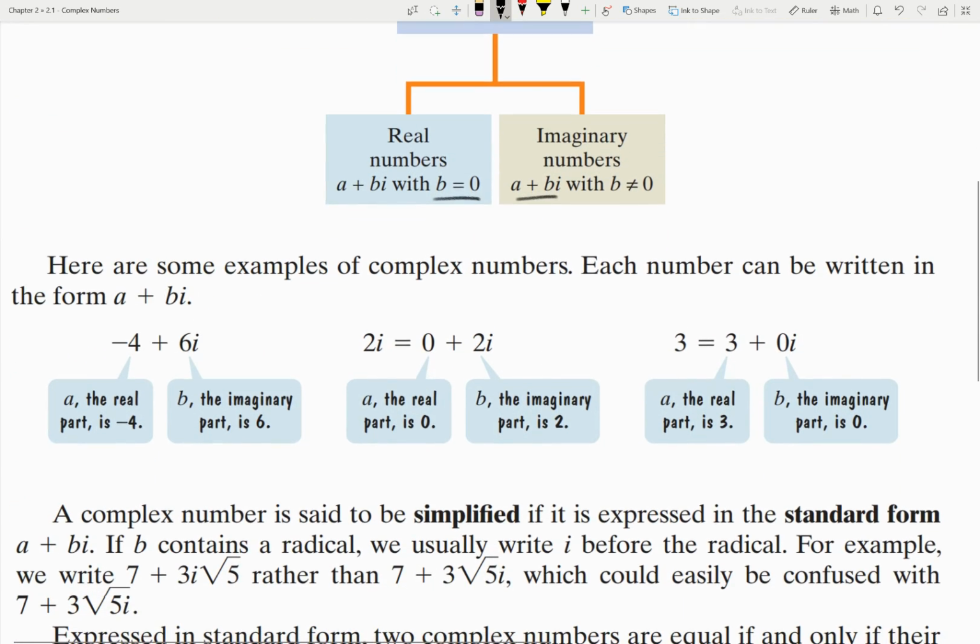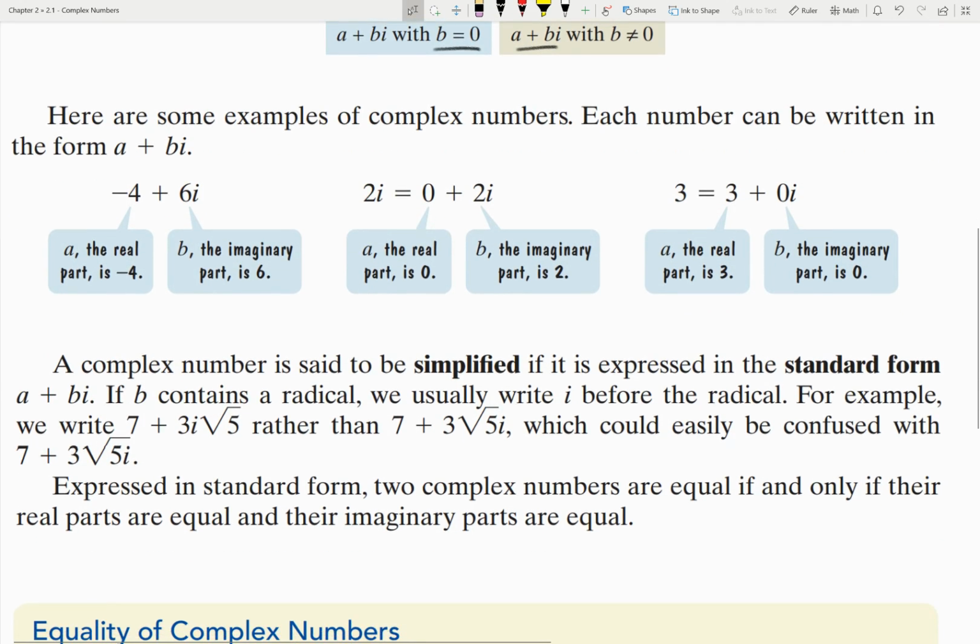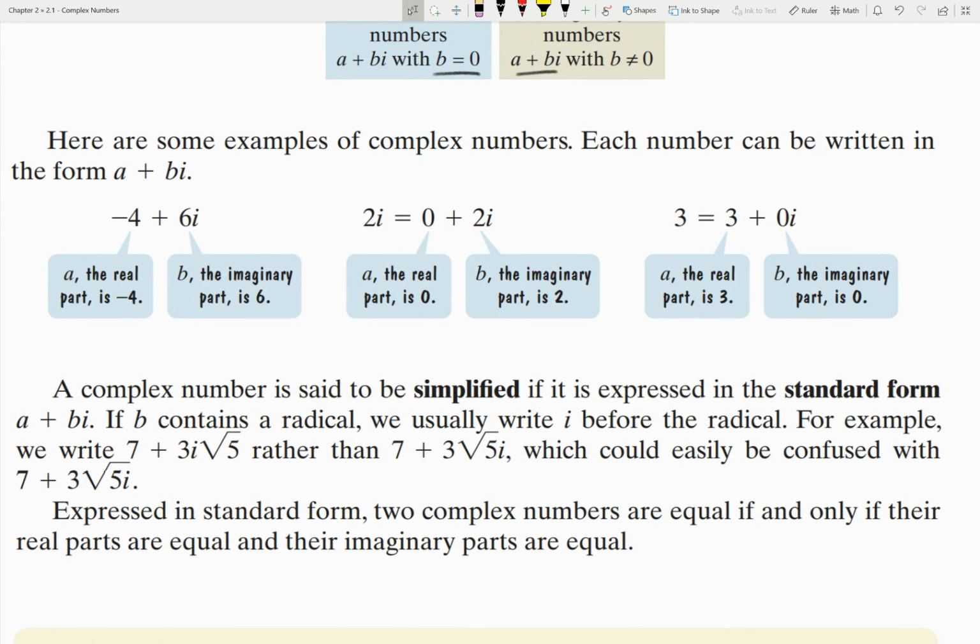Let's look at a couple of examples. That is a complex number. It is also an imaginary number. This is a complex number. It's also a pure imaginary number. So really, imaginary numbers just have two classifications, imaginary number or pure imaginary number.